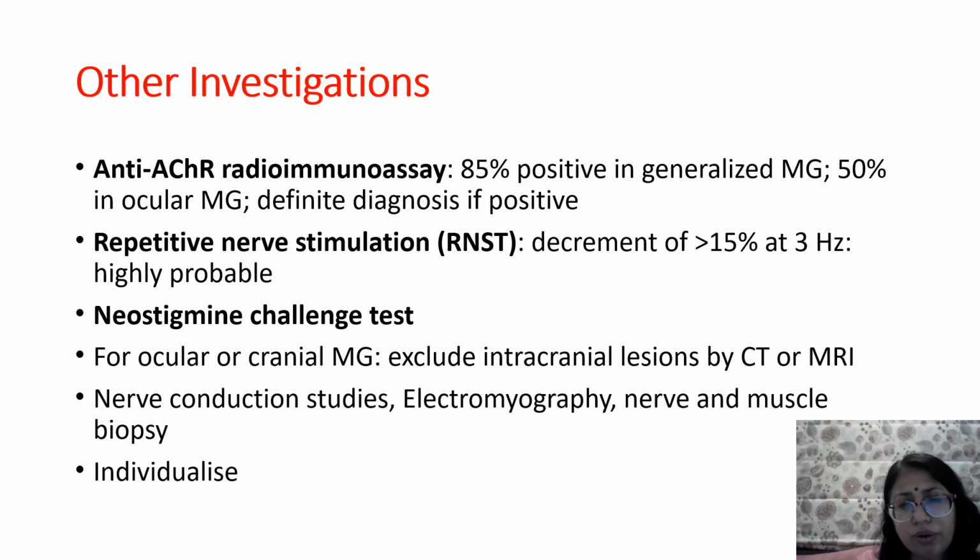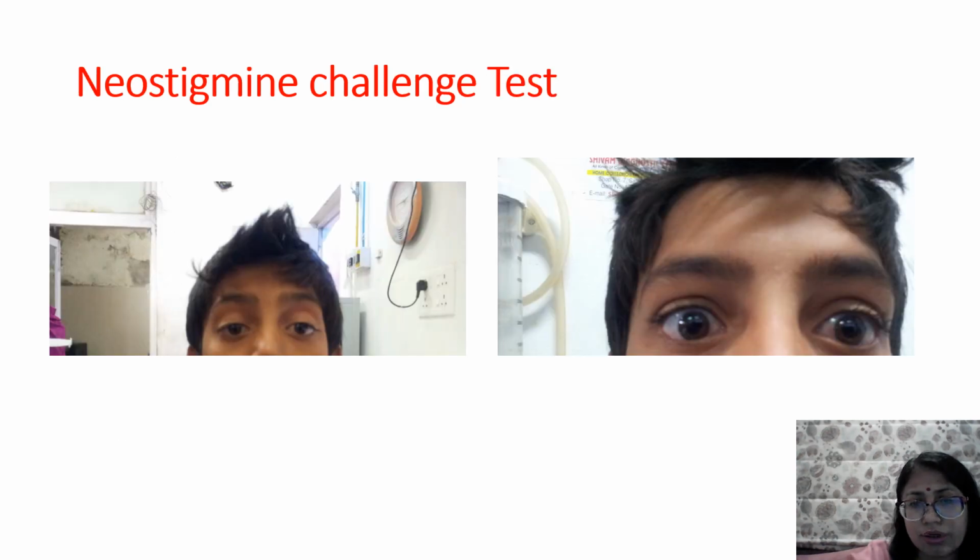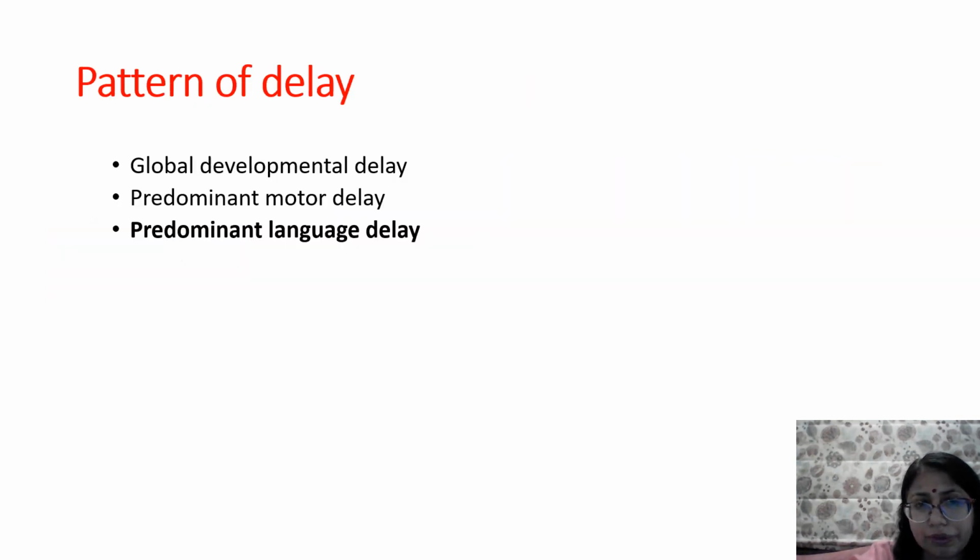If there is ocular or cranial myasthenia gravis, we also need to rule out intracranial lesions by CT or MRI, and we have to individualize the type of investigation chosen. Here is one child who responded well to Neostigmine, initially having ptosis and then the eye opening after the Neostigmine challenge test, a test for screening for myasthenia.